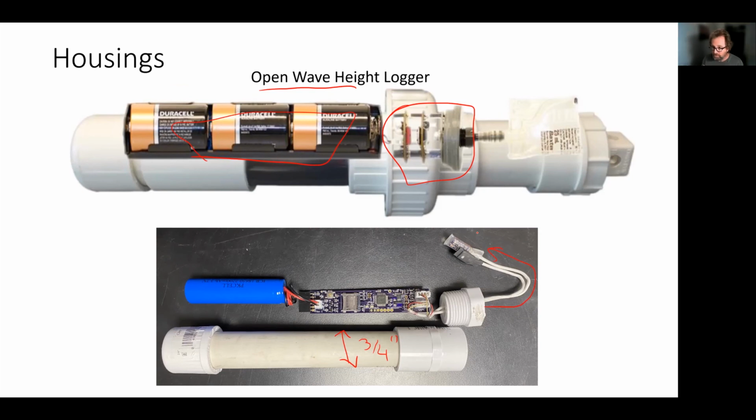And all of that is designed with the idea that we can shove this relatively small pipe down in the mud and just have an oyster sitting up on the surface where hopefully passersby won't notice it and fool with it while it's out there collecting data.